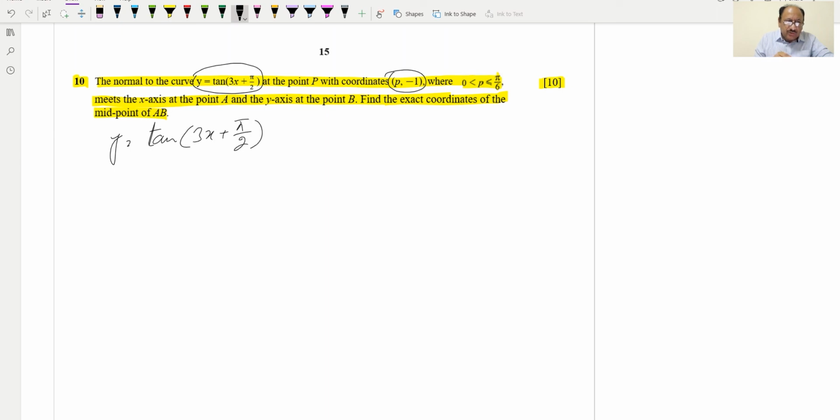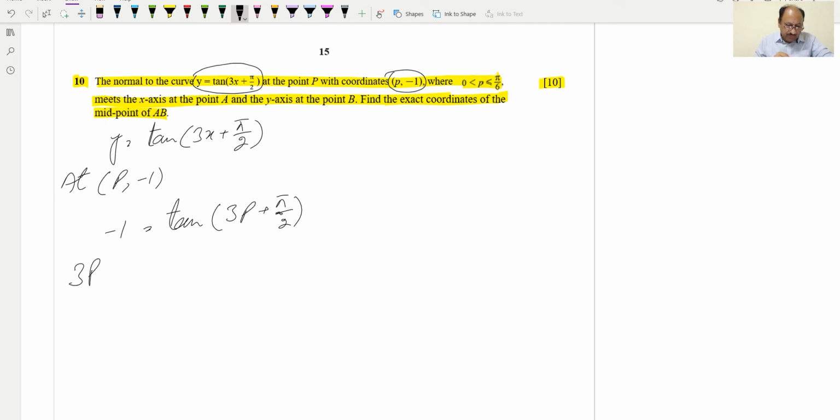This is our equation, and we will write at point P, minus 1: y will be equal to minus 1 will be equal to tan of 3p plus pi by 2. Now we can send tan to the other side.